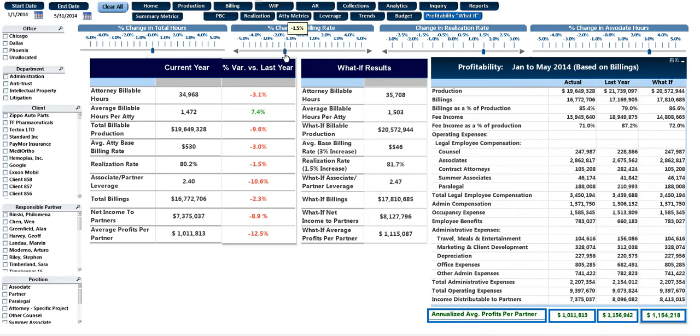Now take a look at what increasing attorney productivity by itself does to the bottom line. Again, adjusting all the other factors to remain the same.